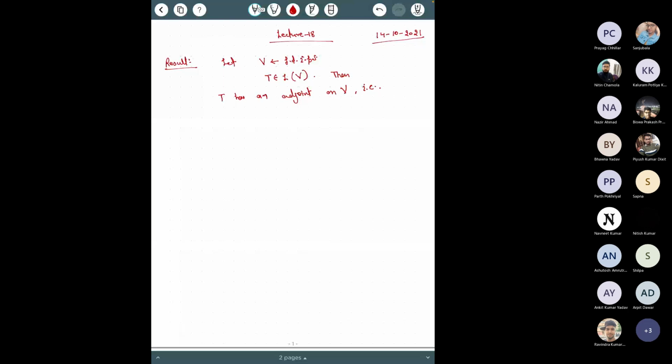That means there exists a unique operator T star on V such that this relation is true. This relation is true for all vectors u and v in V.